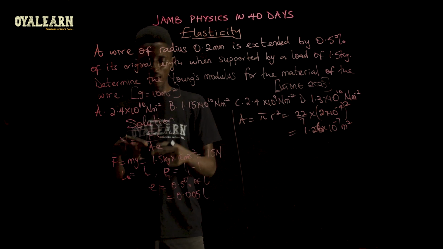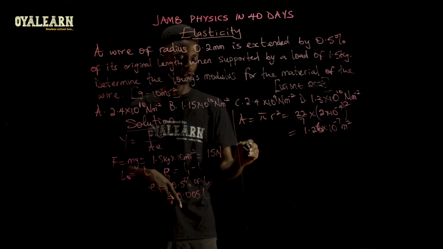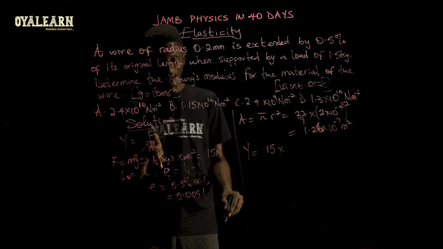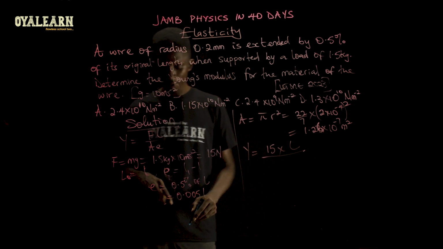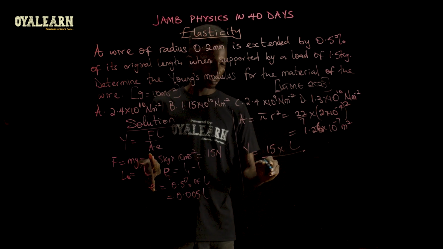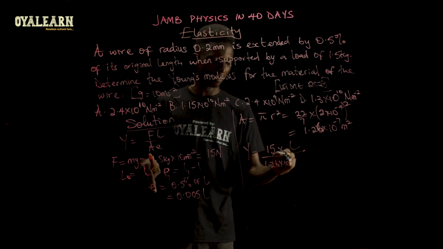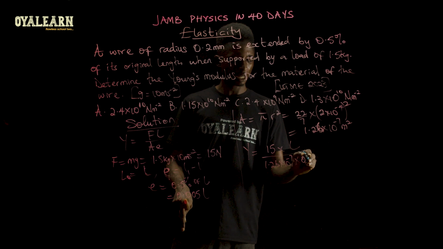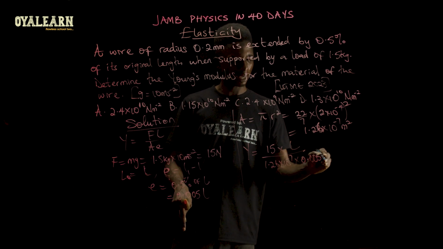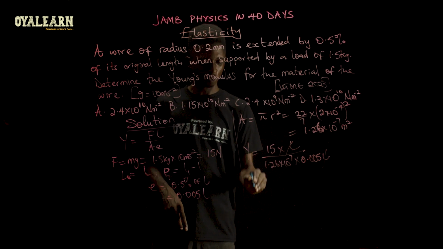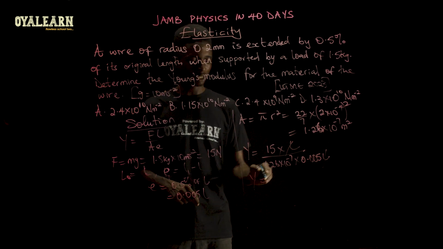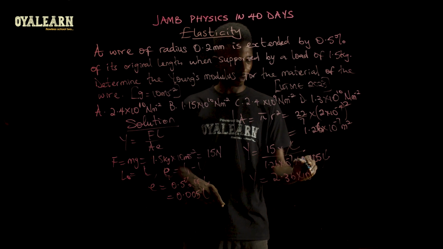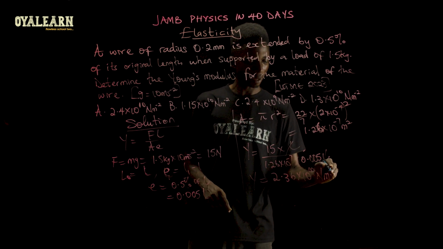So now that we have the area, we have the extension, we have length and force, let's find Young's modulus. Young's modulus would therefore be F, which is 15, multiplied by length L over, now we have area, which is 1.26 times 10 raised to the power minus 7, and then we multiply this by the extension, which is 0.005 L. So L cancels L. Now we'll compute the rest with the calculator, and that would give us 2.36 times 10 to the power of 10 Newton per meter squared.